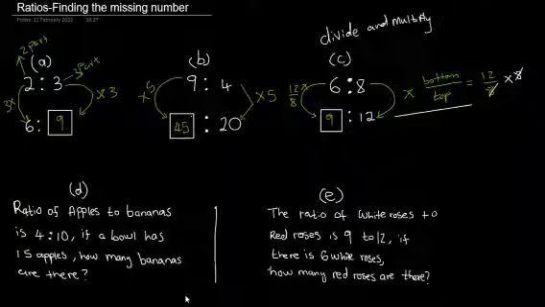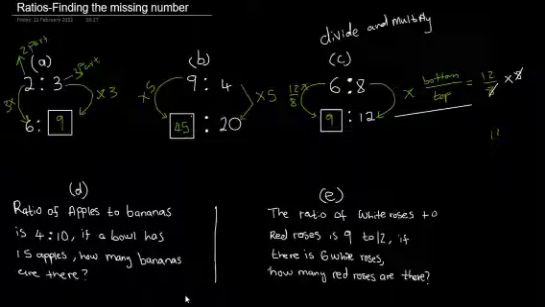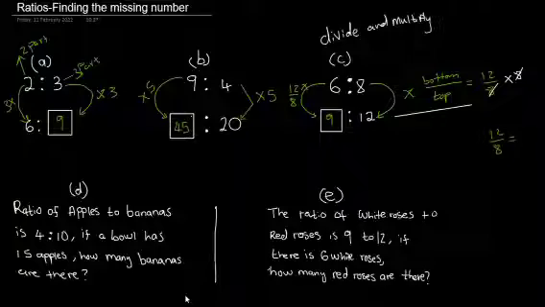This one you are not going to get that easily, so you are not going to get a perfect whole number that you multiplied by, just like A and B. Even if you simplify 12 over 8, it will give you the number 3 over 2.